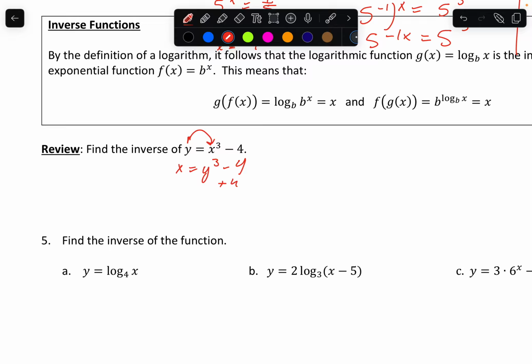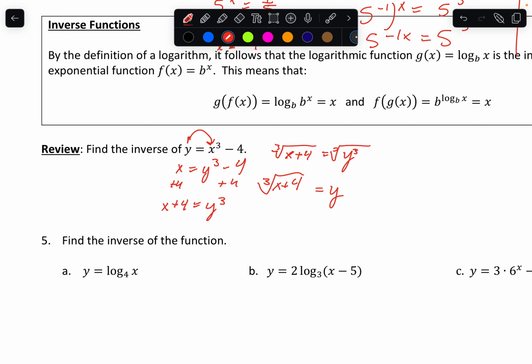So we add 4 to both sides, and we get x plus 4 equals y to the 3rd, and then I get the y by itself by taking the 3rd root of both sides. So I get the 3rd root of x plus 4 equals y, because a 3rd root and a 3rd power cancel each other out, so that's just a y. And I get the 3rd root of x plus 4.